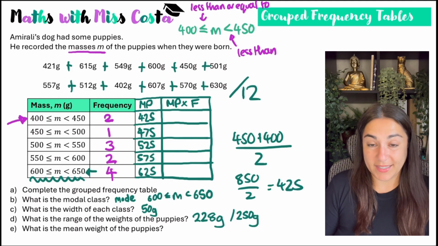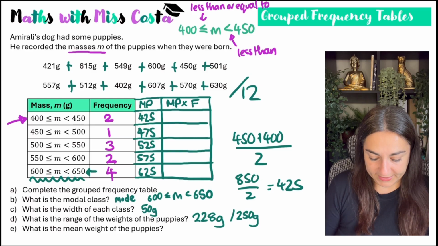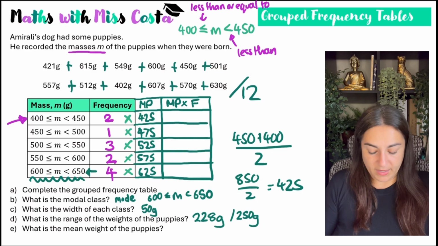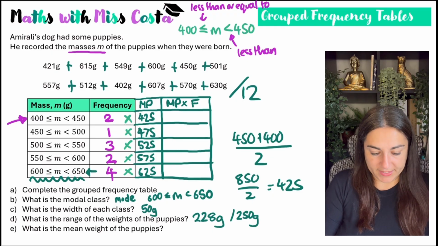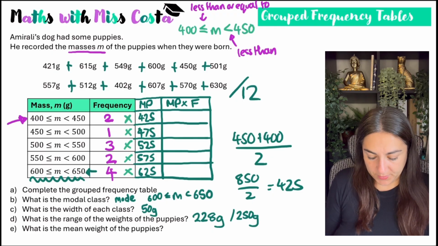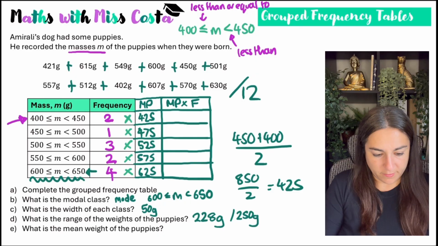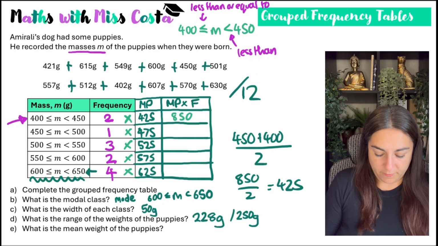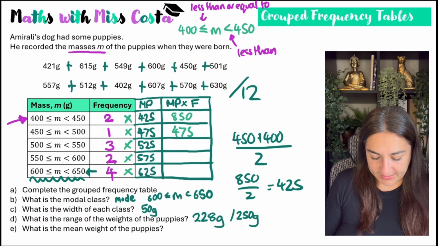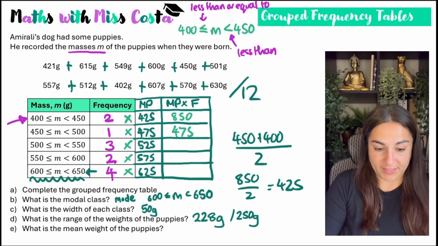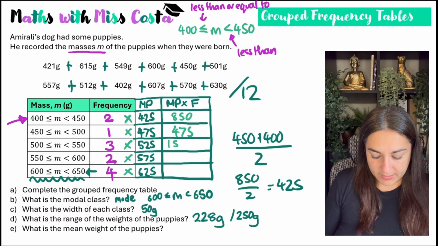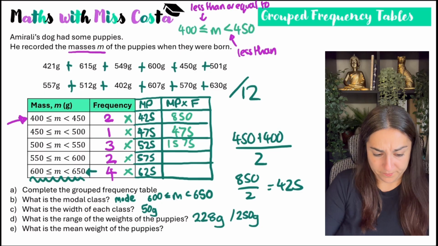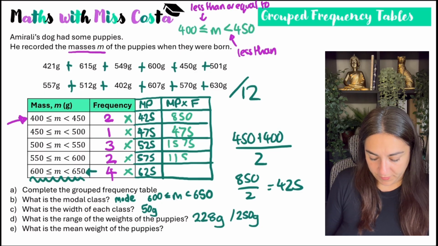And what I do is I do the midpoint times by the frequency. So I multiply these numbers together. And this would be a calculator question. So 425 times 2 is 850. 475 times 1 is just itself. 525 times 3 is 1,575. 2 times 575 is 1,150.